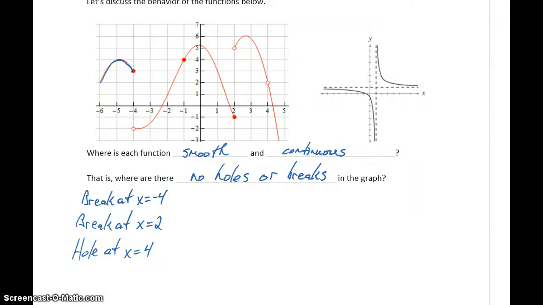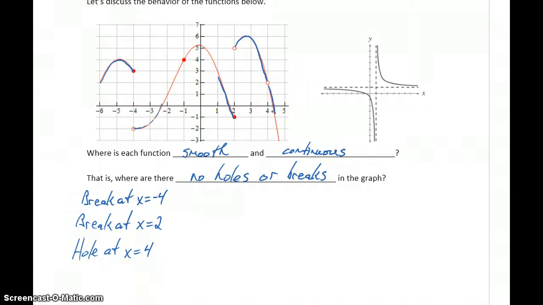Right here, we would have to lift the pencil off the paper to continue our trace. As we get closer to x equals 2, again, we can't trace any further without lifting our pencil off the page and continuing that trace. The same thing happens even though it's just for one point, just for that instant, but right at that break in the graph, we have to pick up our pencil because we can't draw through that. The function's undefined there.